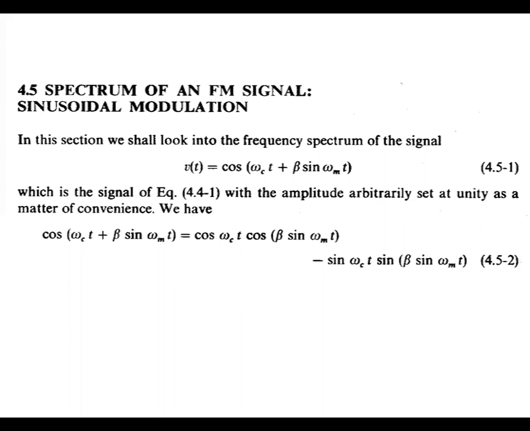Am by Ac is the modulation index of AM, where Am is the modulated signal amplitude and Ac is the carrier amplitude. Like that, the modulation index of FM is the frequency ratio, del f by fm, where del f is the frequency deviation and fm is the modulated signal frequency.